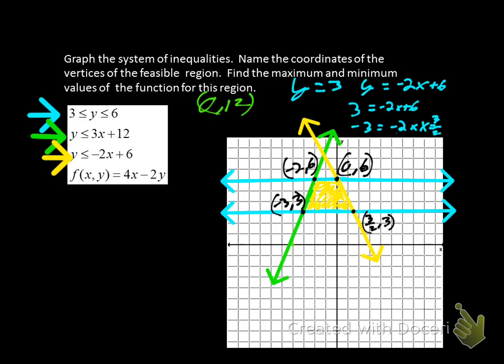Now, next step. Take those four ordered pairs: -2, 6; -3, 3; 0, 6; and 3 halves, 3.